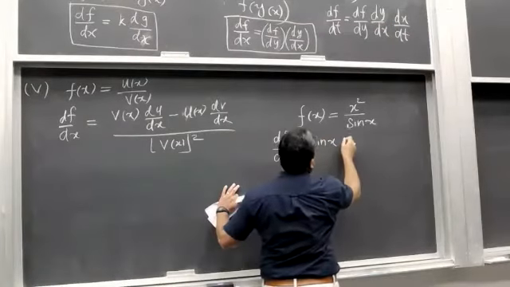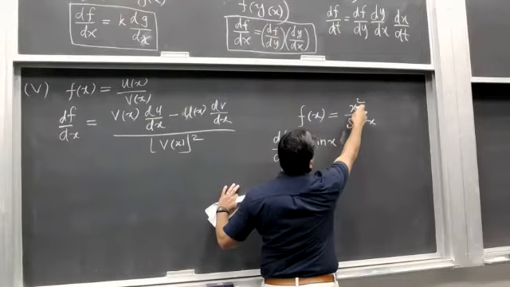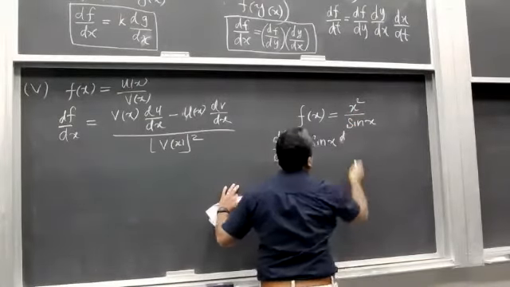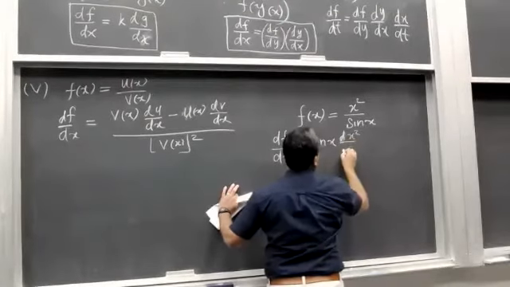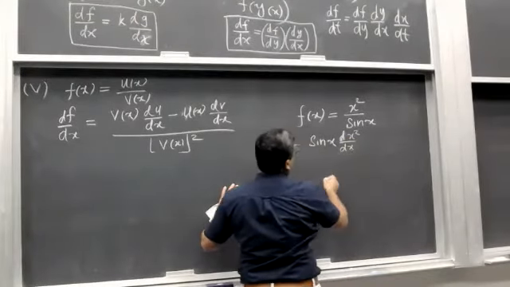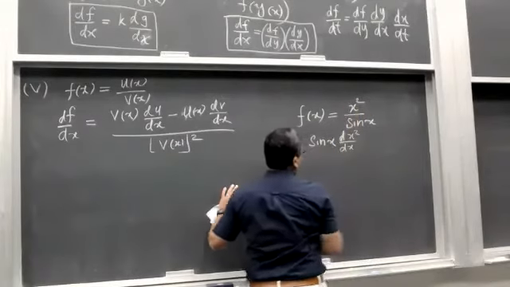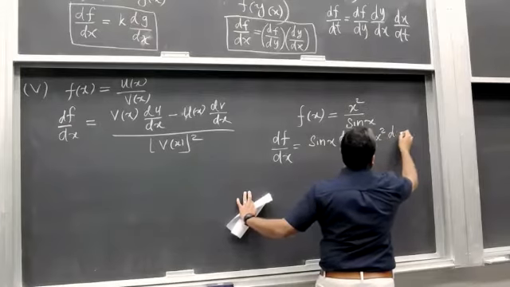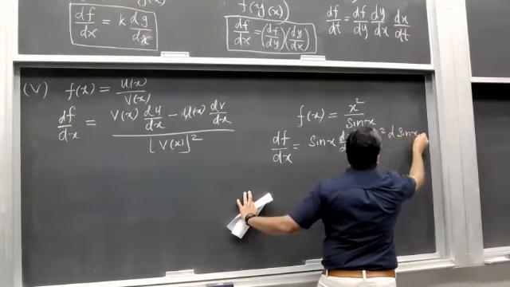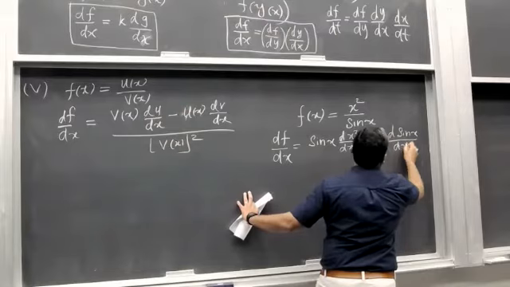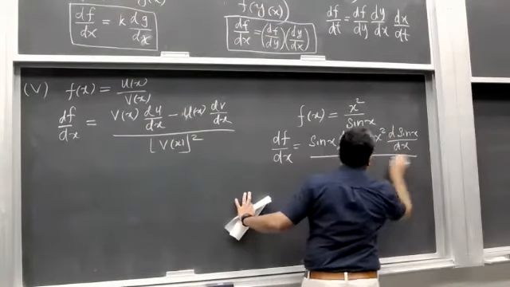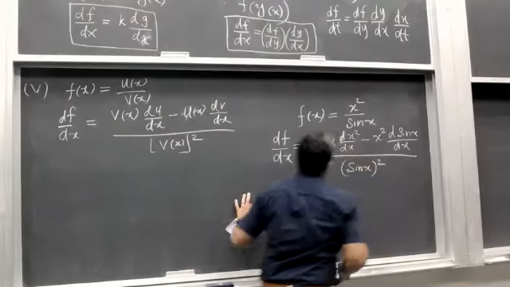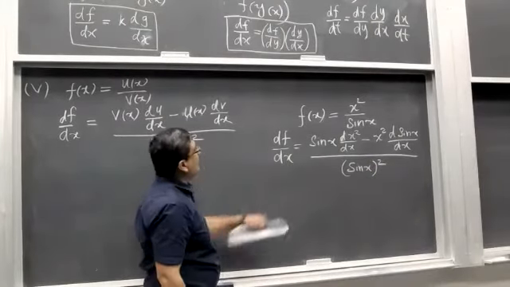Let me just write without evaluating first: d of x squared over dx, that's my function in the numerator, minus x squared as such times the derivative of sine x over dx, and all divided by sine x squared. Okay, so this is an example of the last rule.